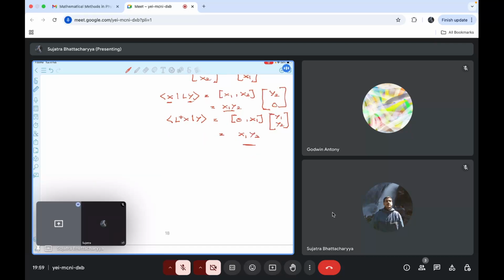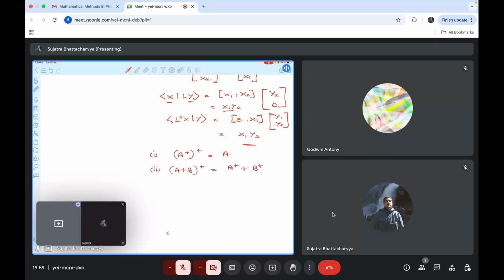And certain properties. Number one, the adjoint of the adjoint of A gives you A. Number two, (A plus B) whole dagger is A dagger plus B dagger.